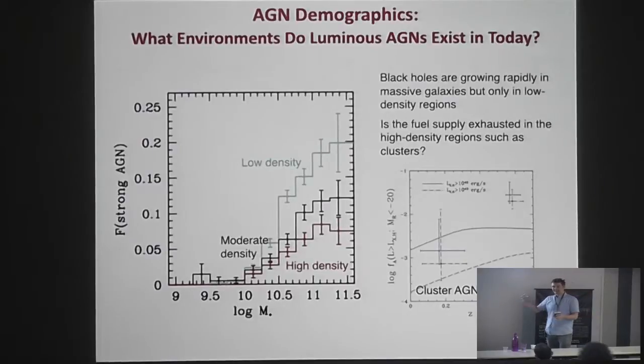So you still had objects which had gas, and the AGN fraction increases, consistent with that. By the time you get back to redshift 1 or redshift 2, you don't have many clusters at all, and so almost everywhere is a moderate density or low density environment versus a high density environment. So black holes are growing rapidly in massive galaxies, but only in low density environments.